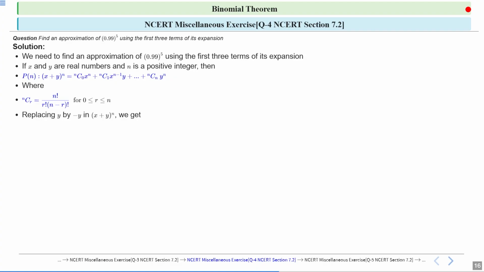Now replacing y by −y in (x + y)^n, we get (x + (−y))^n equal to nC0 x^n + nC1 x^(n−1)(−y) + ... + nCn (−y)^n.